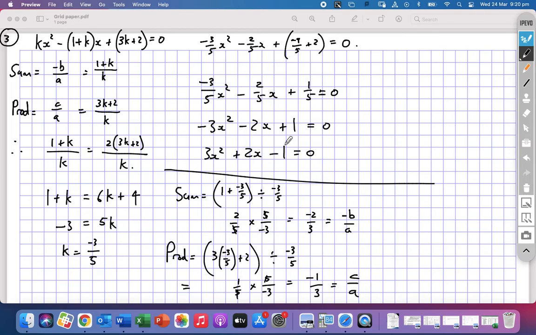Minus 1 is c. There it is. 3 is a. There it is. Okay. So that's my quadratic. I'm going to write it somewhere out of the way and then clear some space.